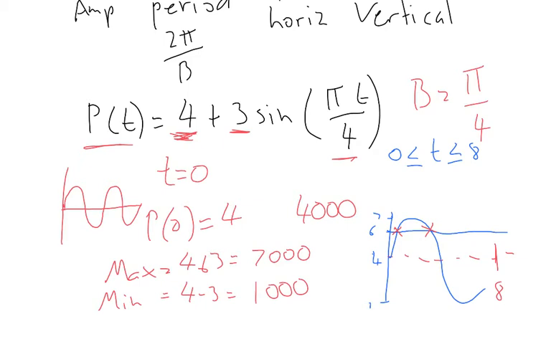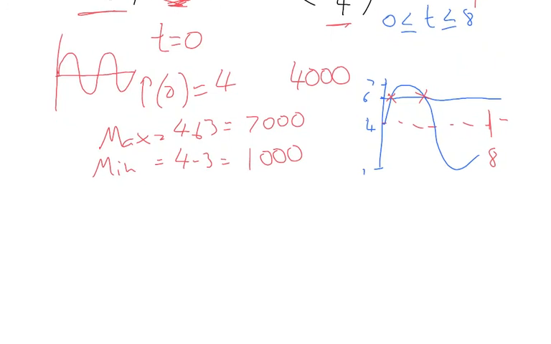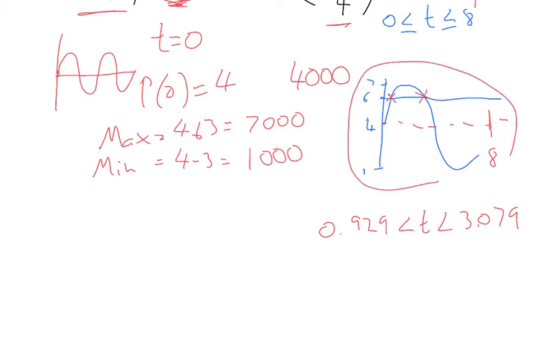You'll see the value here would be between time 0.929 and 3.079. All right. The key part is how you enter this and draw it on your graphing package.